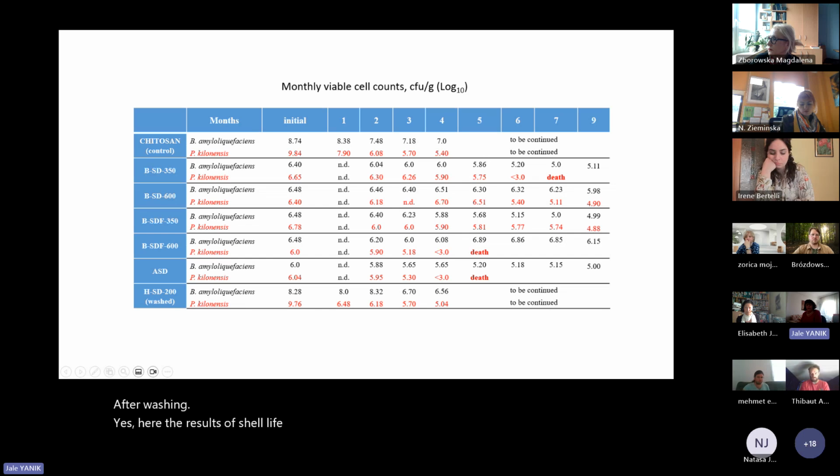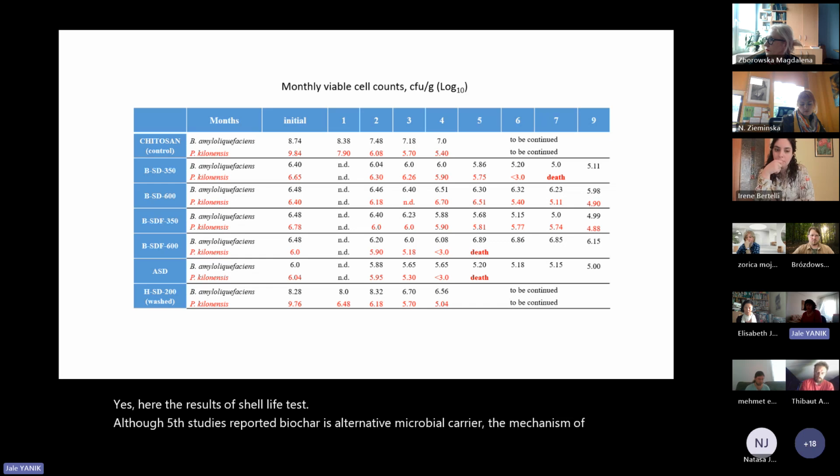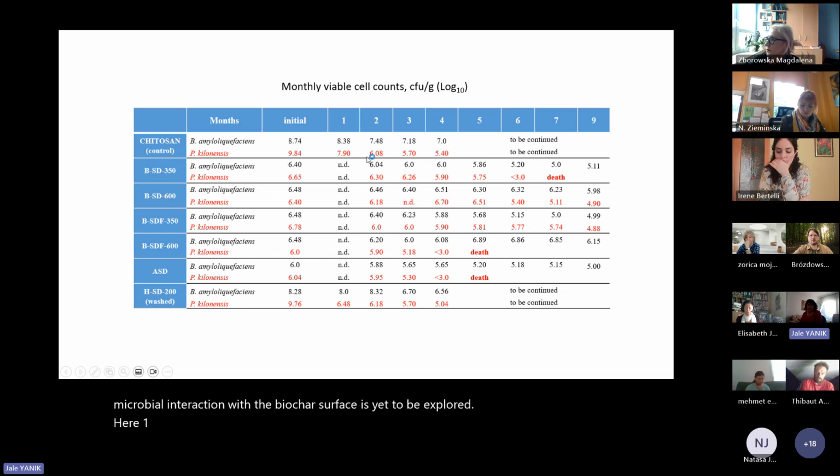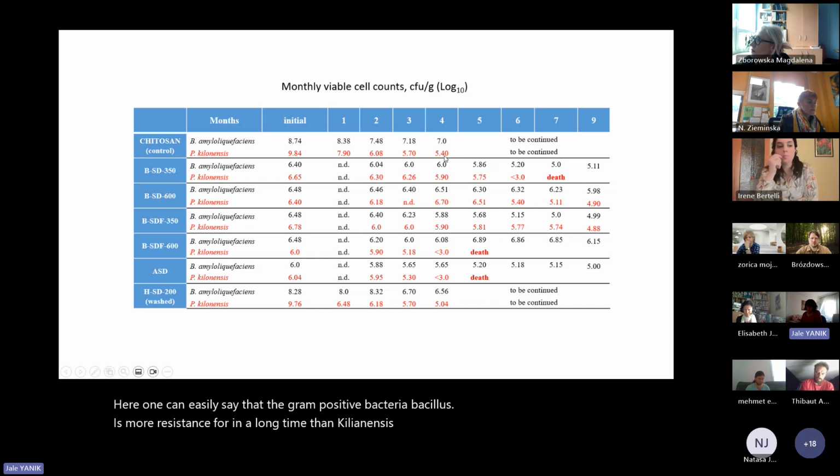Although studies reported biochar as an alternative microbial carrier, the mechanism of microbial interaction with the biochar surface is yet to be explored. But here one can easily say that the gram-positive bacteria, Bacillus, is more resistant for a long time than Kilonensis, the gram-negative bacteria.